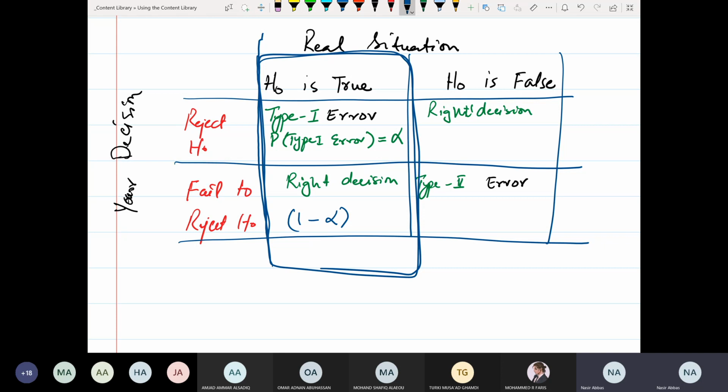Similarly, the probability of type 2 error is denoted by beta. So if beta is the probability of error in the second situation when H naught is actually false, what is the probability of the right decision? 1 minus beta. This gives you a 2 cross 2 table. This 1 minus beta, sometimes it's called the power, how powerful you are.